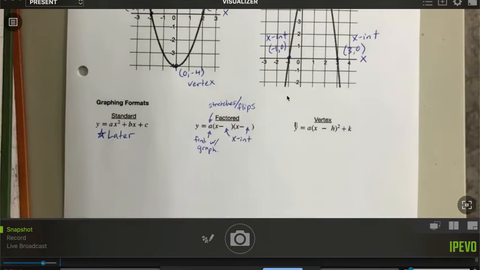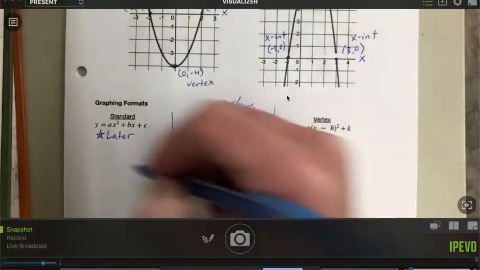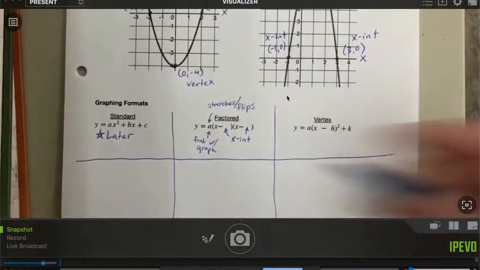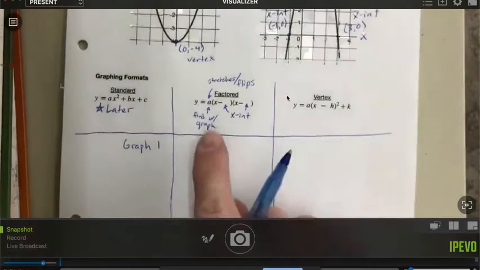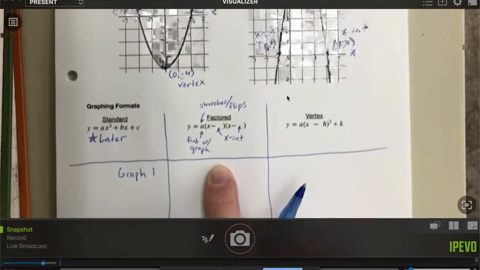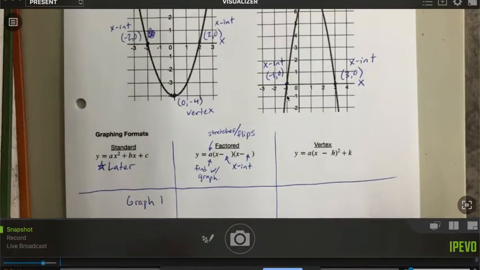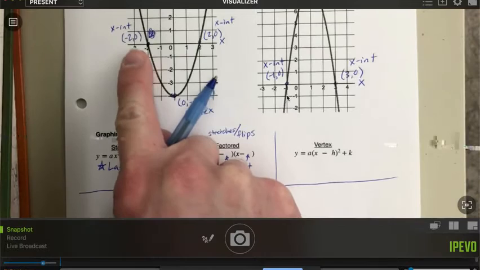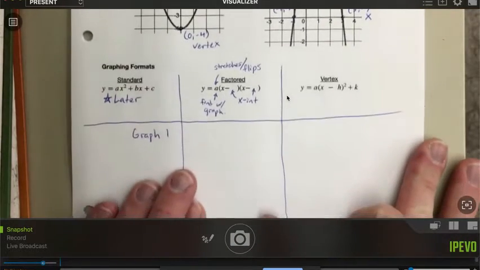All right, so now we're going to look at graph 1. We're going to take a look at factored form for graph 1. Once again, notice how (-2, 0) and (2, 0) are my x-intercepts.